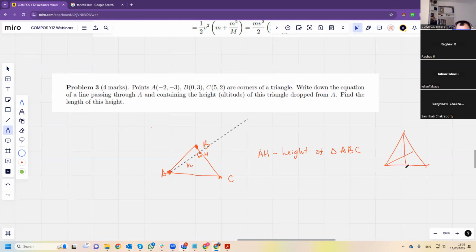Any triangle has 3 heights: 1, 2, and 3. Does that make sense?